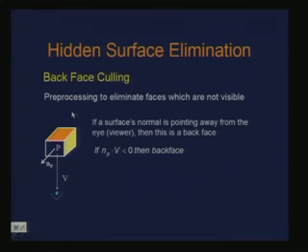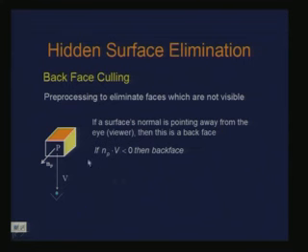Back face culling is something which helps you declare that this polygon or the face in an object is facing backwards, and therefore, you need not display it.